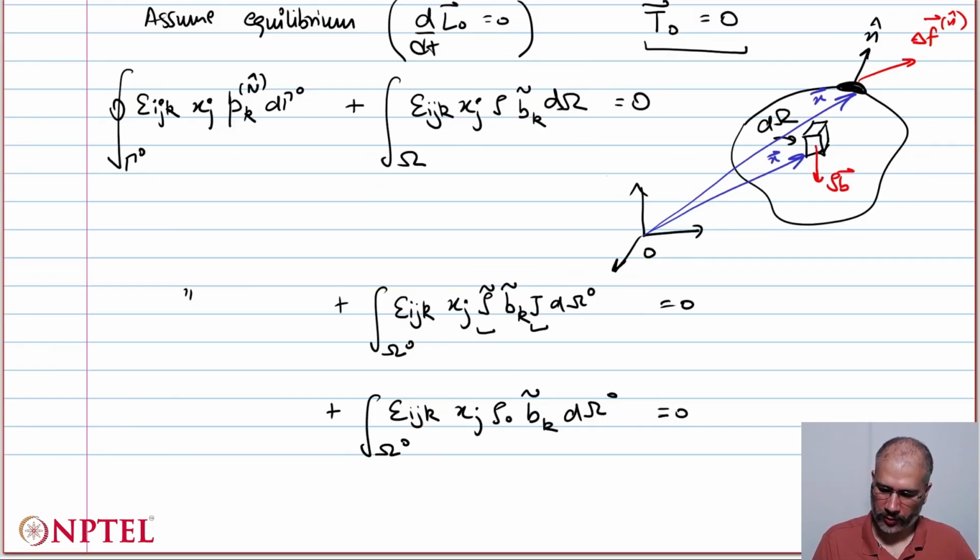And in fact, I'll also express my stress vector P using the PK1 stress tensor. So this becomes capital P AK times NA d gamma naught.